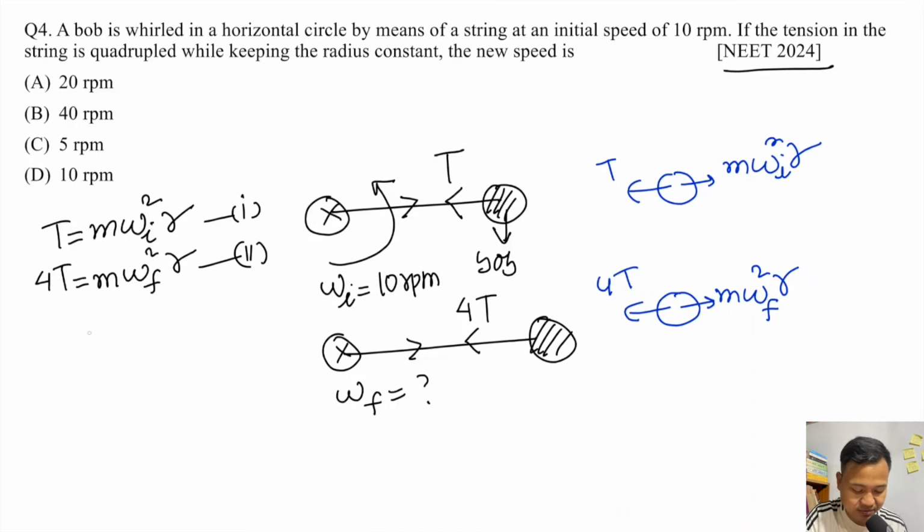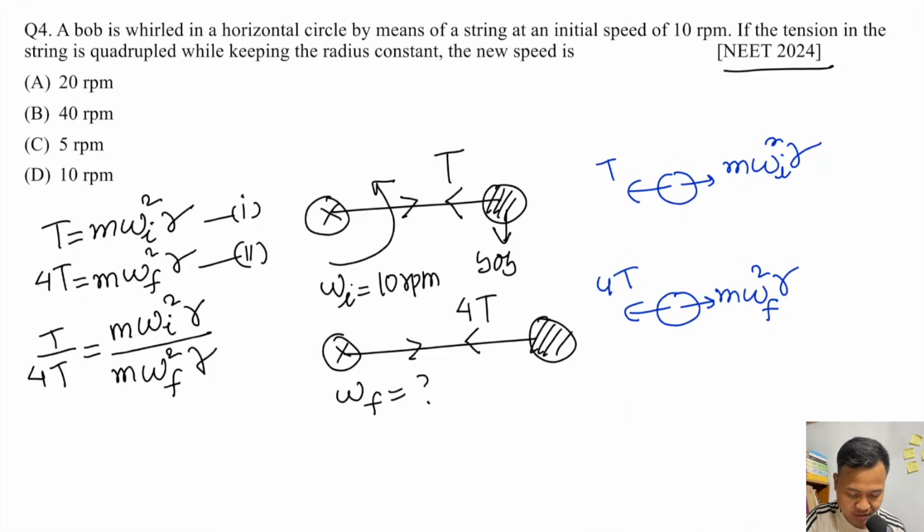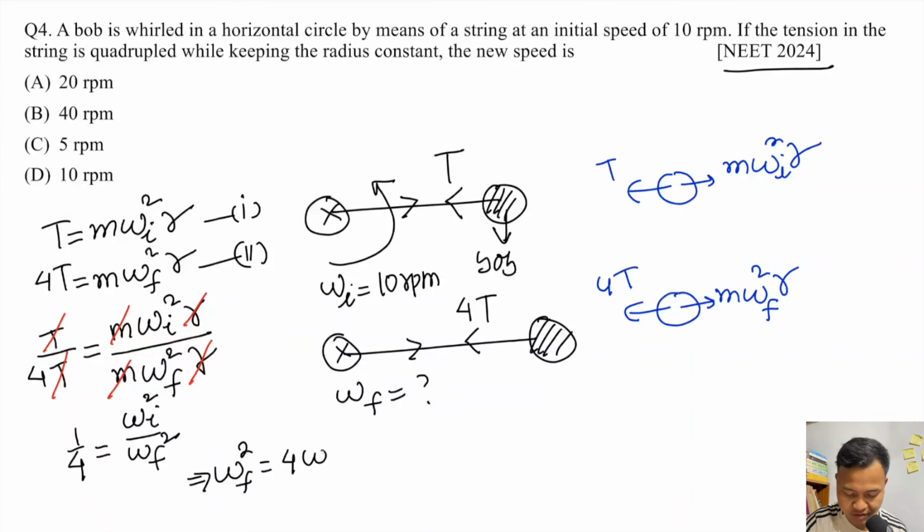Then divide. So T divided by 4T equals m into omega initial square r divided by m into omega final square into r. Cancel T, m and r, and what remains is 1 by 4 equals omega initial square divided by omega final square. Taking the square root, omega final is 2 into omega initial.